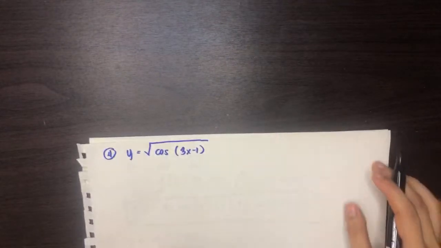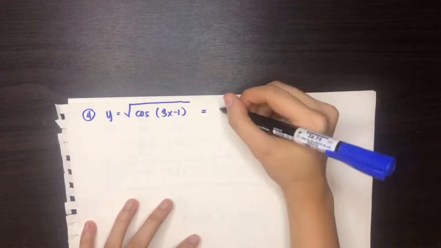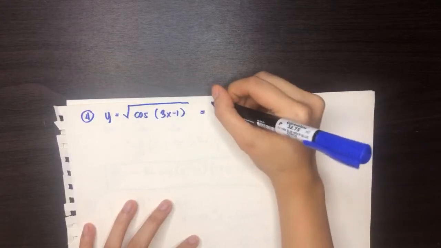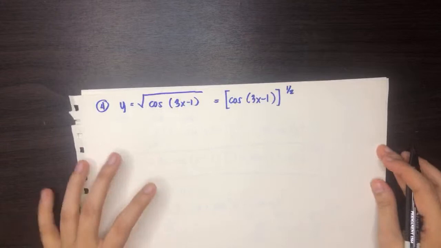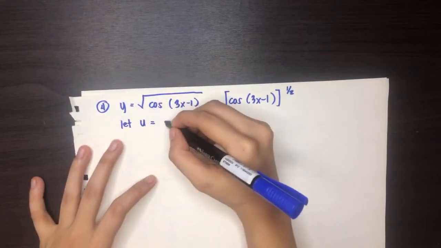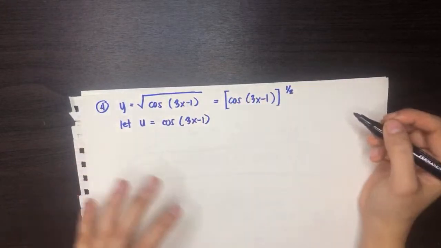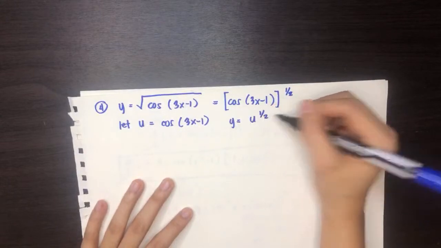So, ito, ibig sabihin lang din yan is cosine of 3x minus 1 raised to 1 half. So, I will let u equal to cosine of 3x minus 1. So, my y is equal to u raised to 1 half.